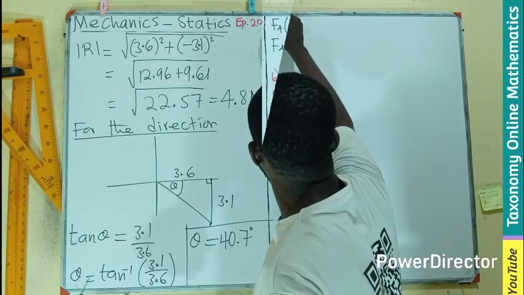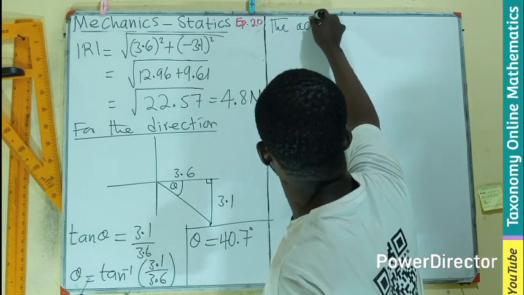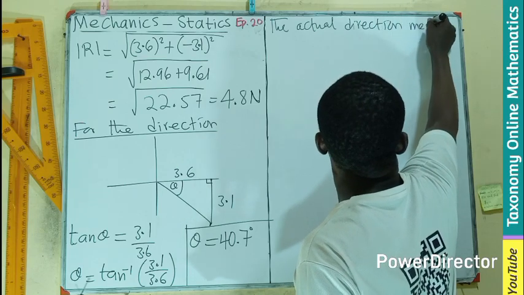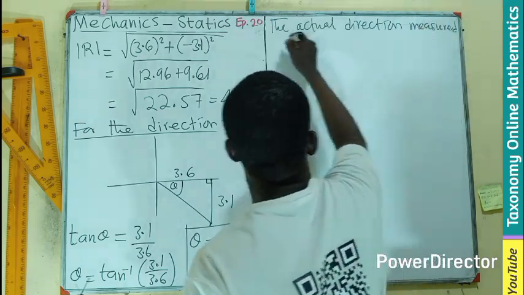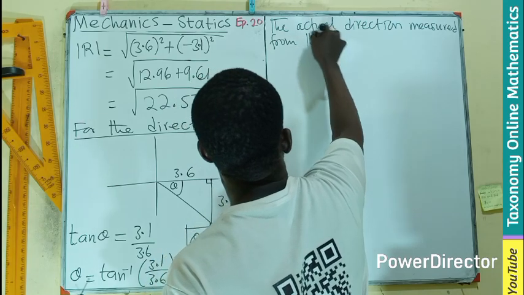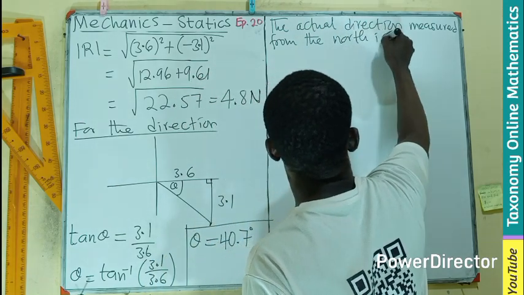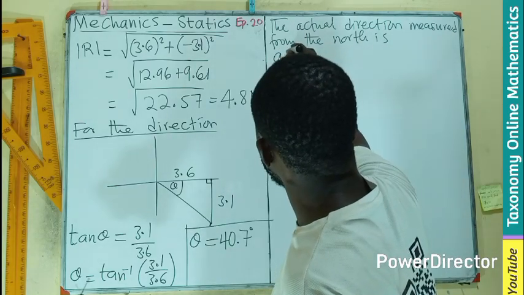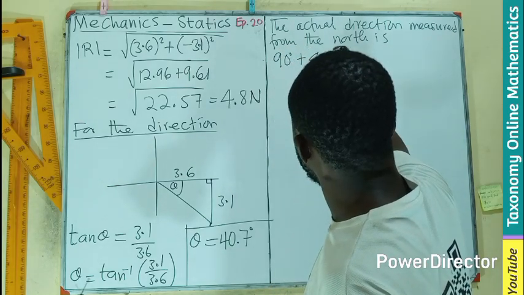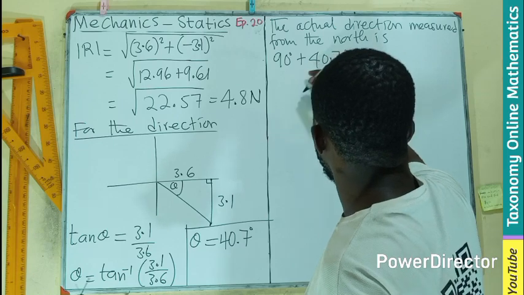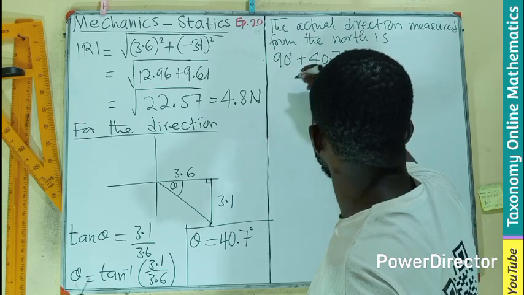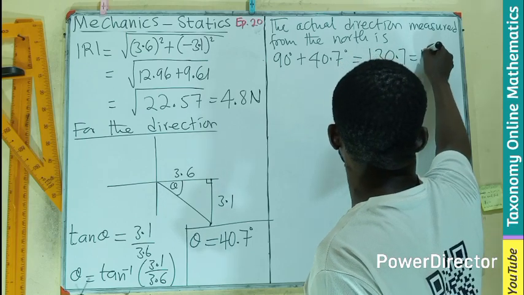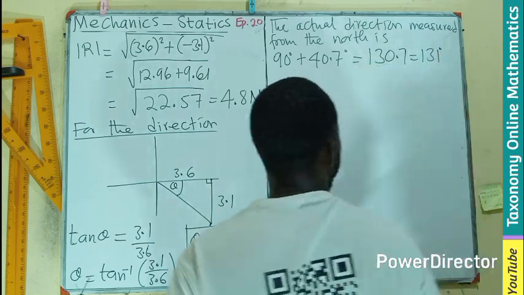We can say that the actual direction measured from the north, from here to here is 90. So I have 90 degrees plus 40.7 degrees equals 130.7, which I can take as 131 degrees.